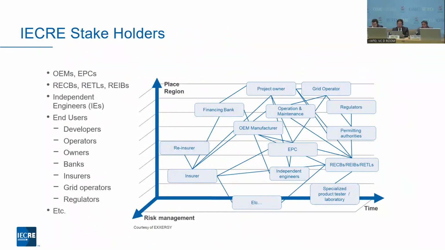So I touched on it earlier, the stakeholders. This slide's a bit confusing, but it's very clear that we are open to a lot of stakeholders. And I think the primary ones I'll point out are the banks, the owners, the insurers, and the grid operators. They are participants in the IECRE, and they're very critical in shaping how the IECRE works.